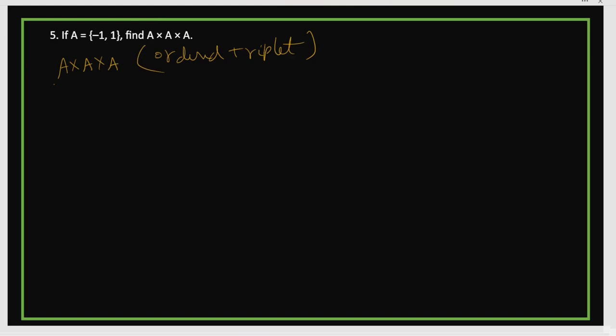When three sets are there, you will get an ordered triplet. So what is A cross A cross A equal to? This is {-1, 1} into {-1, 1} into {-1, 1}. There are two ways of doing this.